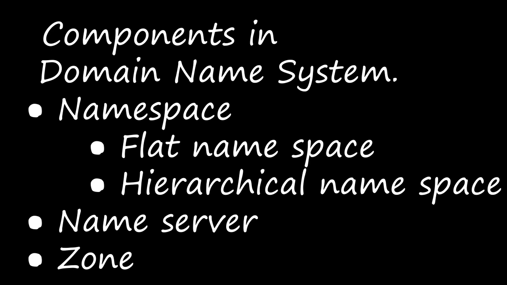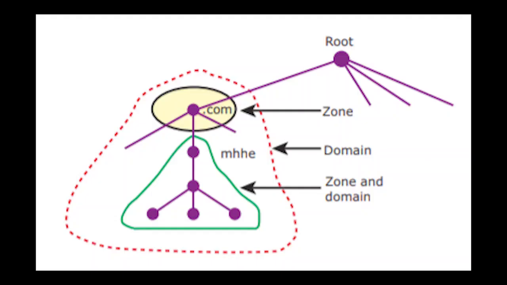This zone, we can define as a group of contiguous domains and subdomains. Okay, this may have domains and also subdomains. If there is a single domain in a zone, then that zone and domain are the same.